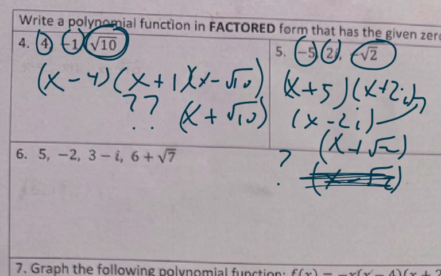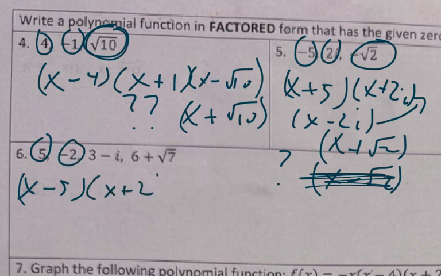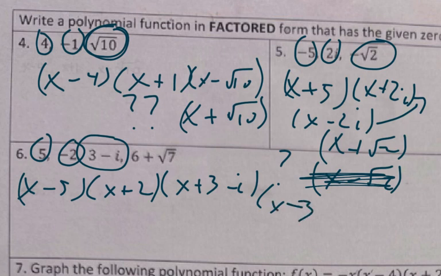Now let's look at number 6 here. The 5 means x minus 5, because 5 minus 5 is 0. Minus 2 means x plus 2, because -2 plus 2 is 0. Now I have a complex. So I'm going to do x plus 3 minus i and x minus 3 minus i. Okay.